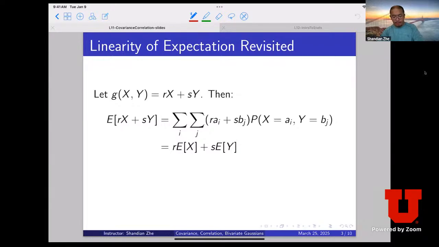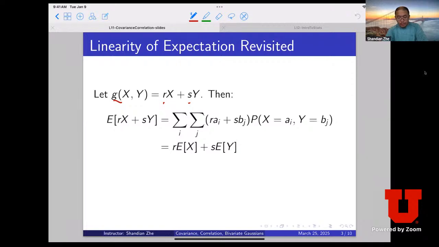It means that if you have a function g of, say, two random variables X and Y, and this function is a linear function, meaning you linearly combine these two random variables with coefficients r and s, and r and s here are just constant coefficients. There are no random variables.